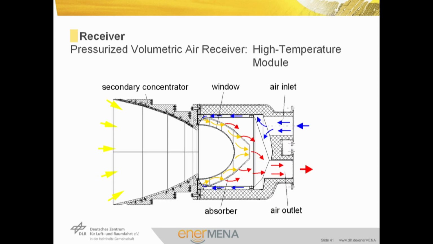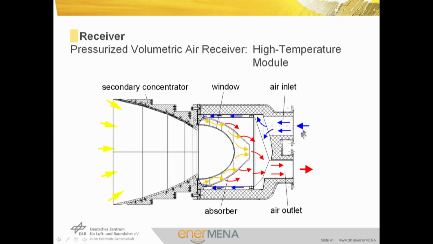For the middle and the high temperature module, another technology must be used. The middle and high temperature module basically consists of an internally insulated pressure vessel, which is shown here, closed by a fused silica window, which is shown here. Solar radiation first transmits the secondary concentrator, which reconcentrates solar radiation through the aperture, then transmits the window and is absorbed in the back-lying absorber here.